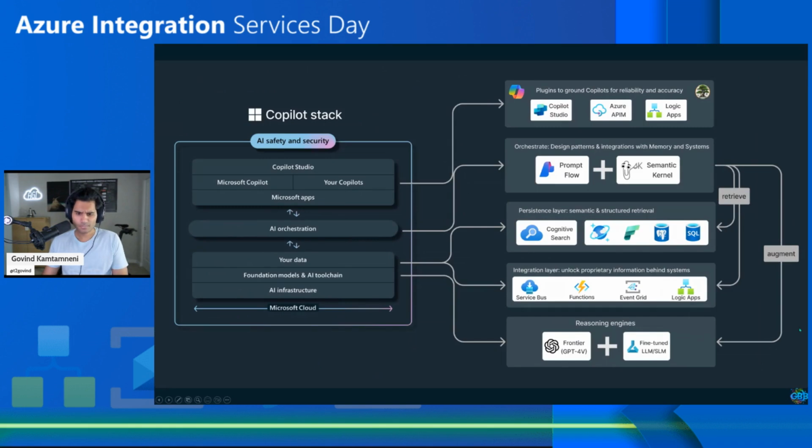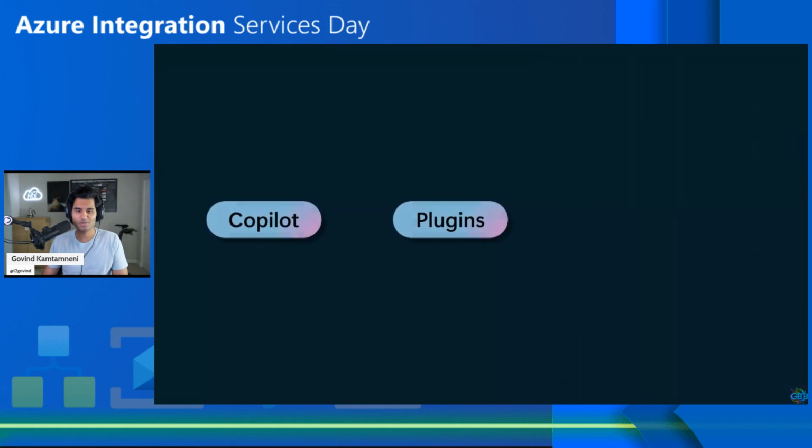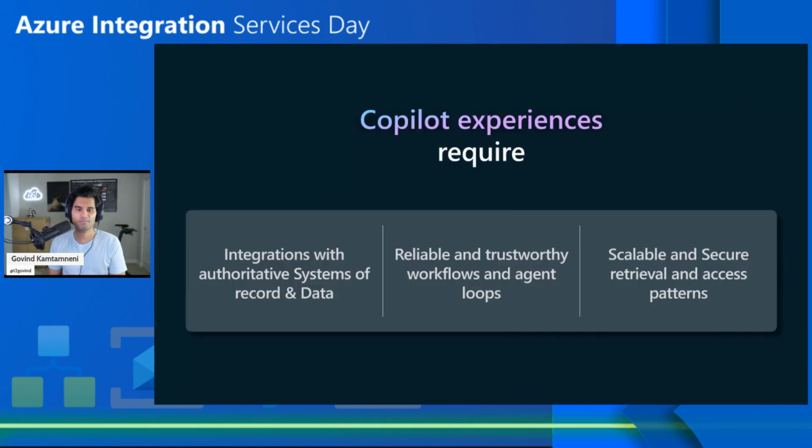So let me just kind of continue before I go to the demo. So I think we've established that plugins are kind of how you're going to ground the Copilot, and the experiences that you're going to build will require integrations with these authoritative systems of record, and they have to be reliable and trustworthy, because ultimately the proprietary Copilots that you build have to kind of ground themselves in data that is hidden behind APIs and databases as well.